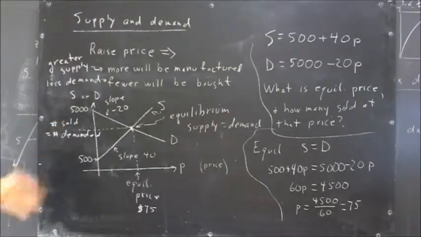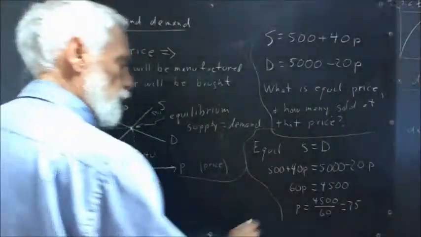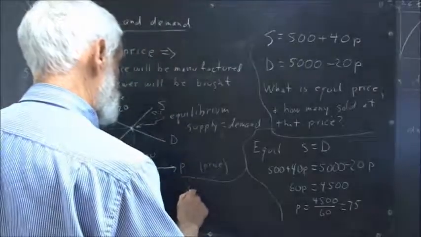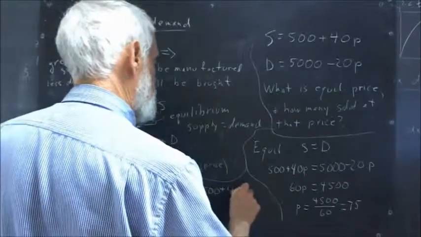Now, what's the number sold or the number demanded? Well, we plug this price back into the function. Let's say the number sold equals 500 plus 40p.